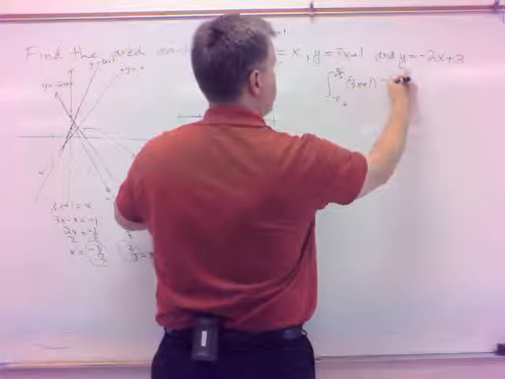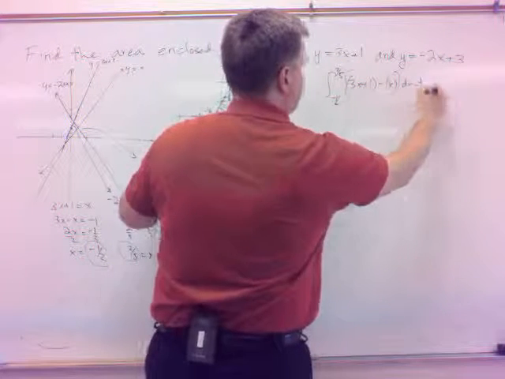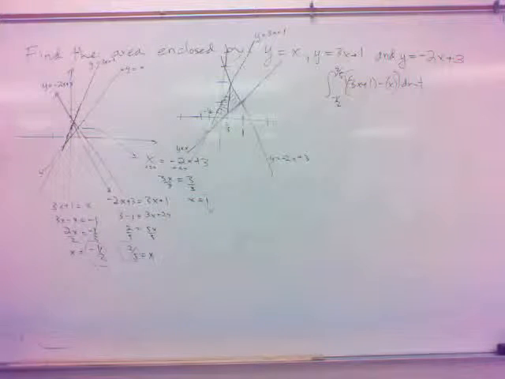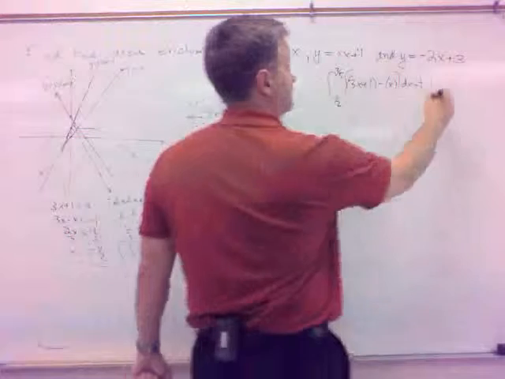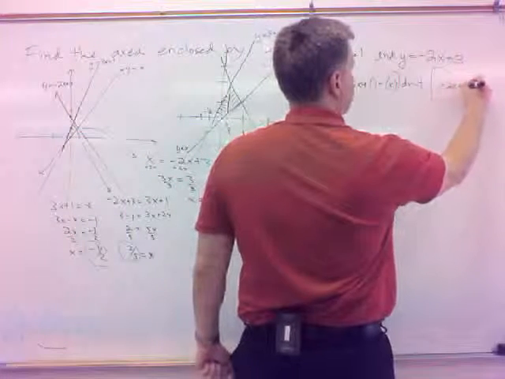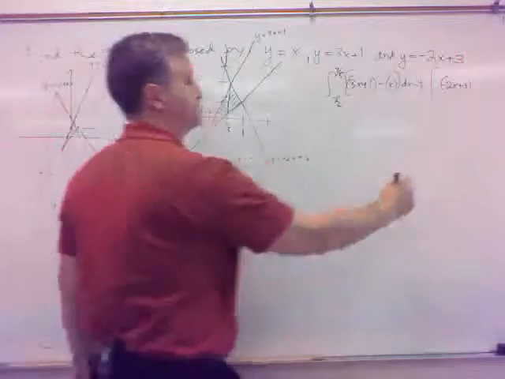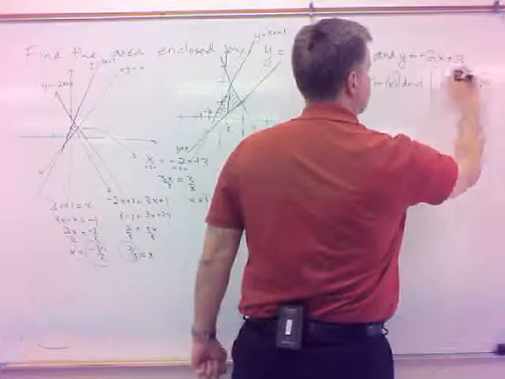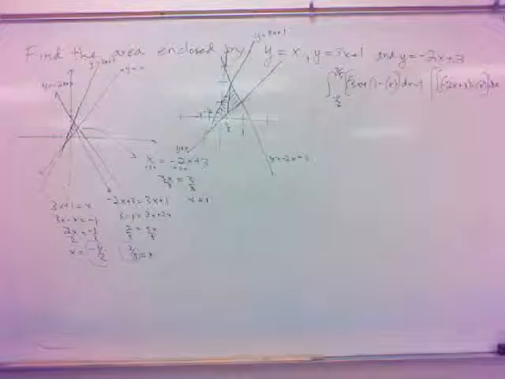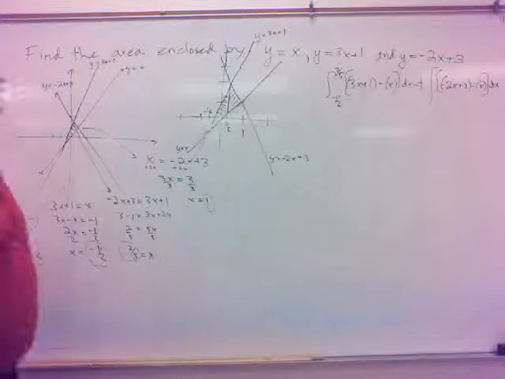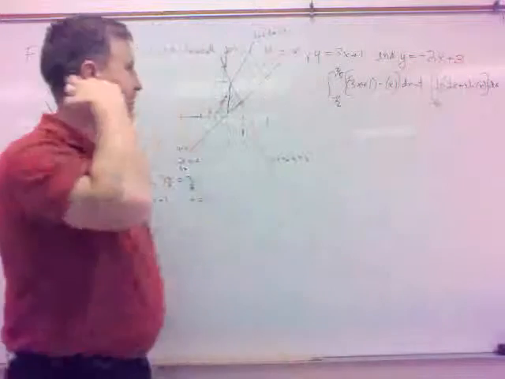So it'll be 3x plus 1 minus the x dx. Then the other part has this on top, which is negative 2x plus 3. The x is on the bottom again. Right? And that goes from 2/5 to 1, or 0.4 to 1.